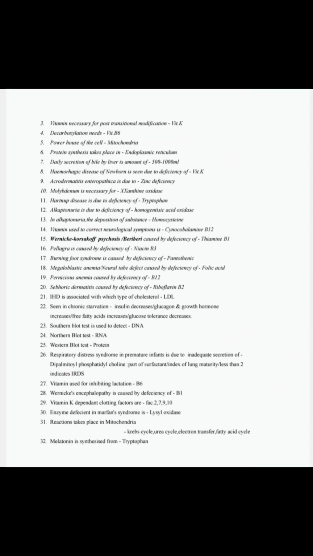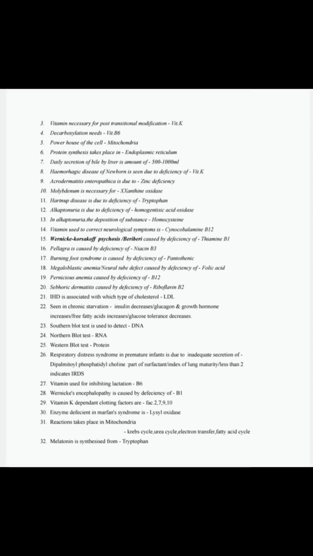The next point is the powerhouse of the cell. Generally the question answer is mitochondria. Protein synthesis takes place in the endoplasmic reticulum, which has two types, smooth and rough. On rough, protein synthesis takes place; on smooth, lipid synthesis takes place. Daily secretion of bile by the liver is 500 to 1000 ml.